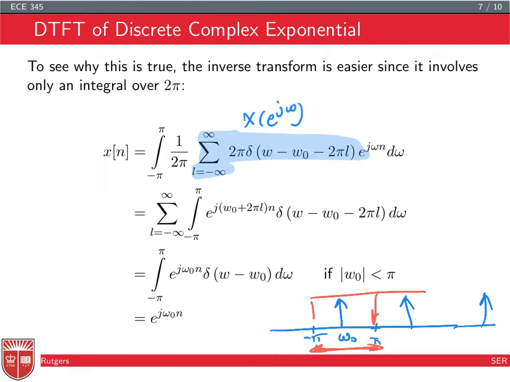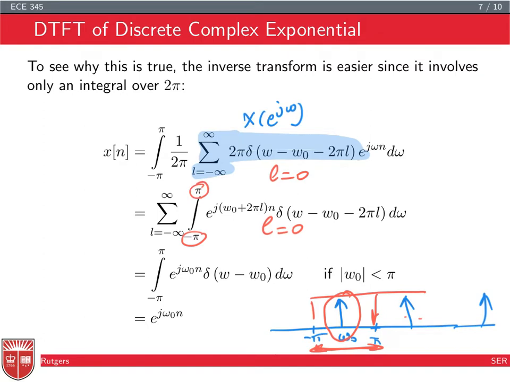So you're only going to pick up this impulse, and the rest are going to be 0. This is why, out of the whole summation, the only thing that matters is L equal to 0, because this is the only impulse in these boundaries.